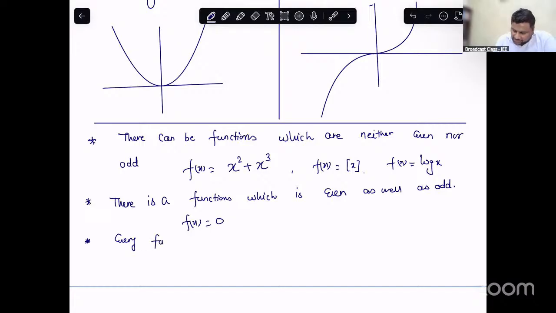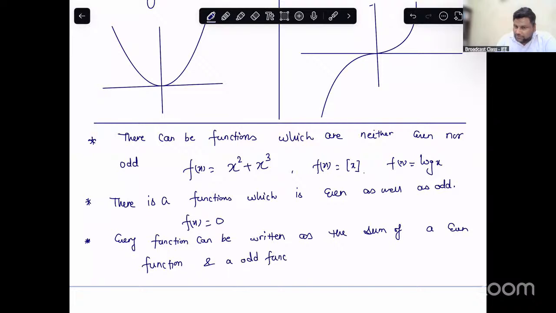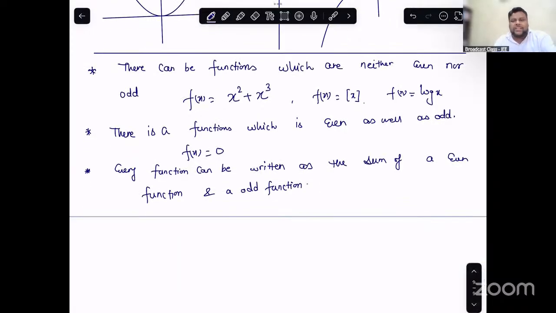Now, every function can be written as the sum of an even function and an odd function. The same rule as we have done in symmetric and skew-symmetric matrices.